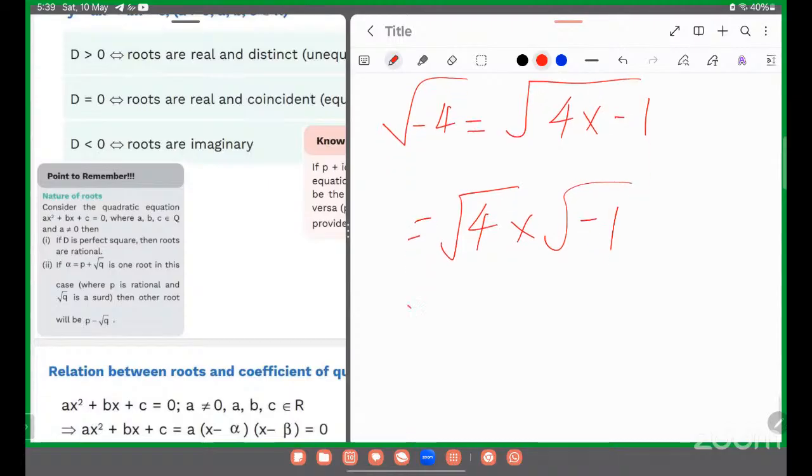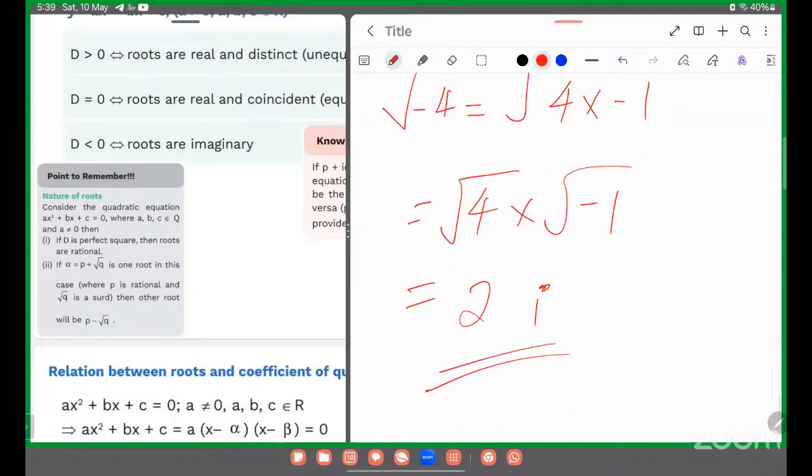Root 4 is 2. Root minus 1 is iota. So root of minus 4 can be written as 2 iota. This iota is known as the imaginary number. So wherever iota is there, that will always be imaginary.